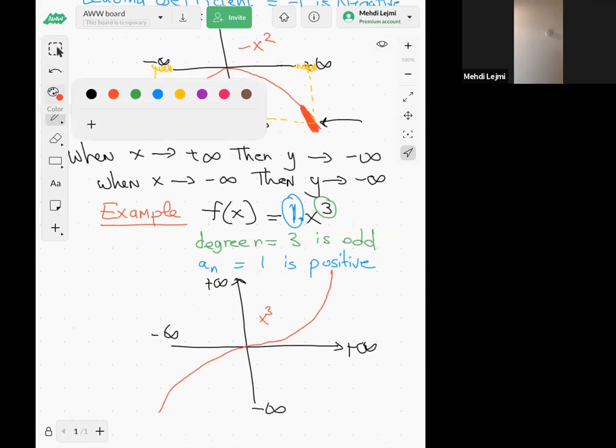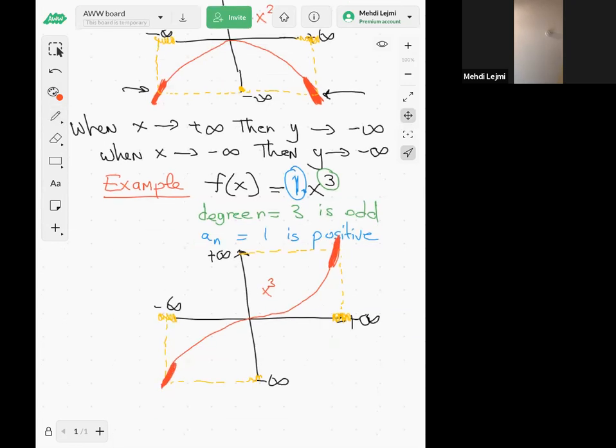When x approaches positive infinity, the output is going to approach positive infinity, right? So here's your graph at positive infinity. And when x approaches negative infinity, the output y is going to approach negative infinity. So your graph is going to be down here. So that's for a positive x cubed.